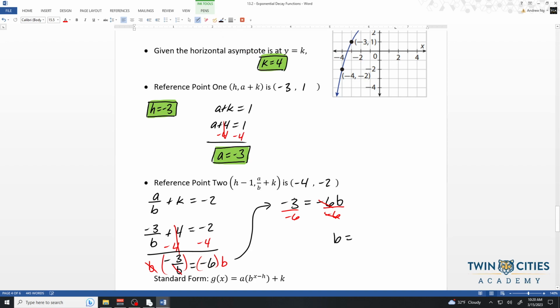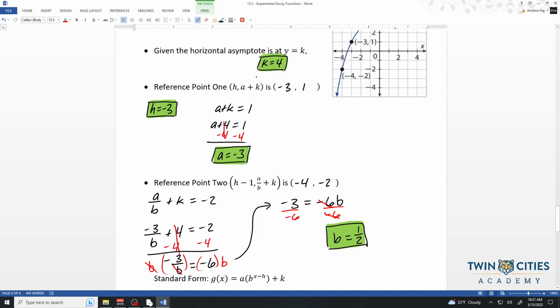B is equal to a negative over a negative is a positive, and then 3 over 6 will reduce that to 1/2. All right, now I've got everything I need: a, b, h, and k.